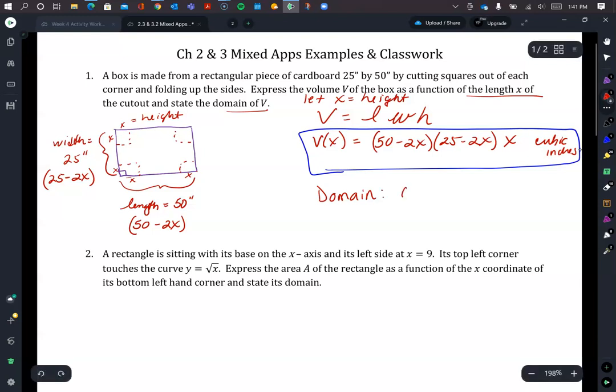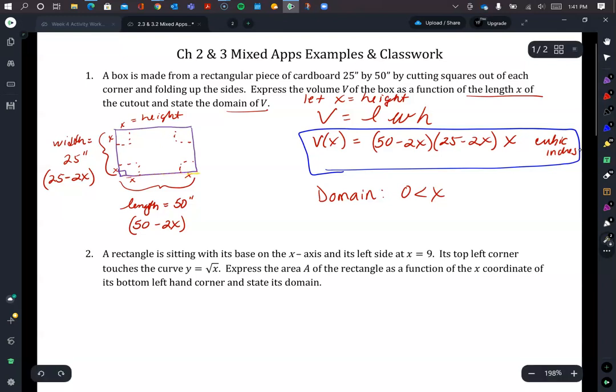So we could start at something higher than 0 and then go up until, well, really we can't go past, for this one, we can't go past 25, right? Because then I'll be cutting into the other side.